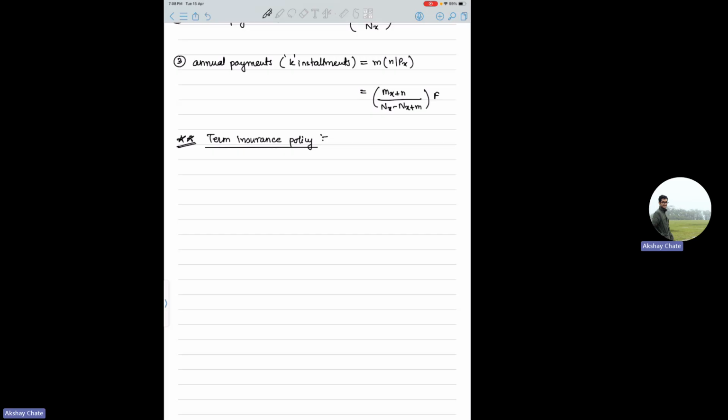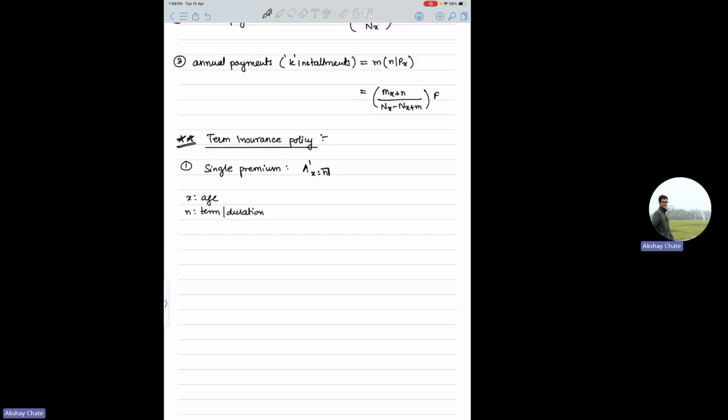So here only two cases are possible. First is single premium. Basically, whatever the term insurance premium is, you pay everything upfront at the time of purchase. They use A1 or A dash for this, with x colon n, where x is your age at the time of purchase and n is the term or duration of the term insurance.